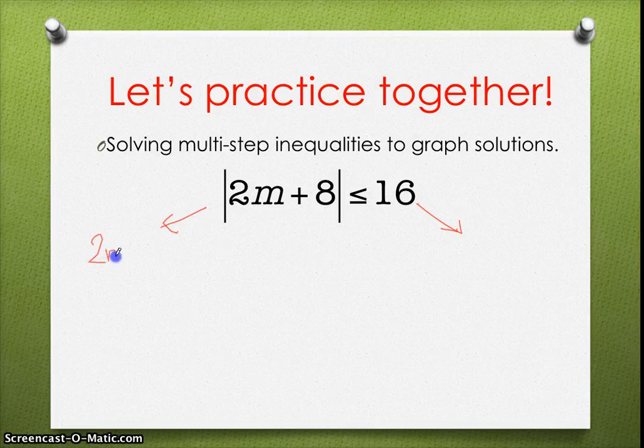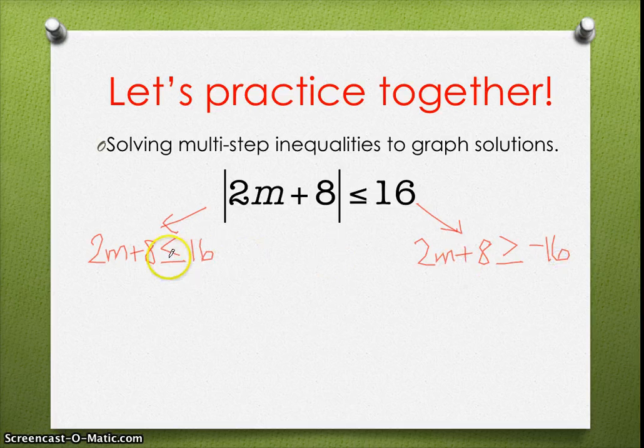So we have 2m plus 8 is less than or equal to 16. And we have 2m plus 8, switch the direction of the sign, greater than or equal to negative 16. Again, the symbols are opposite directions, and the two values they're set to are opposite signs.